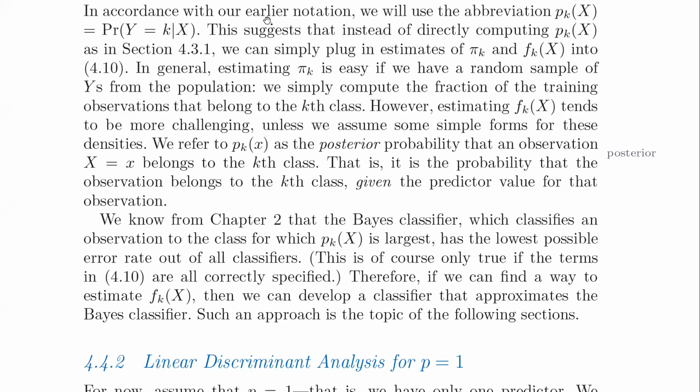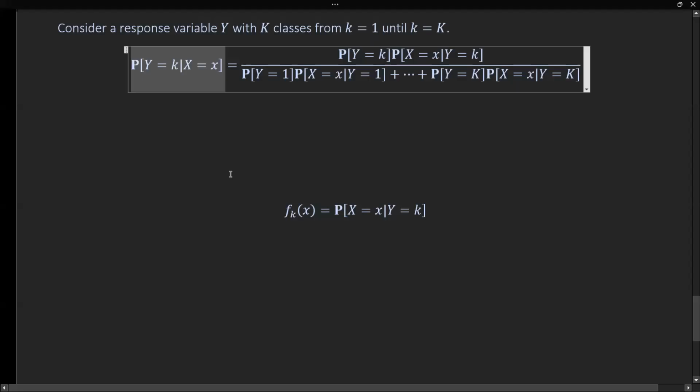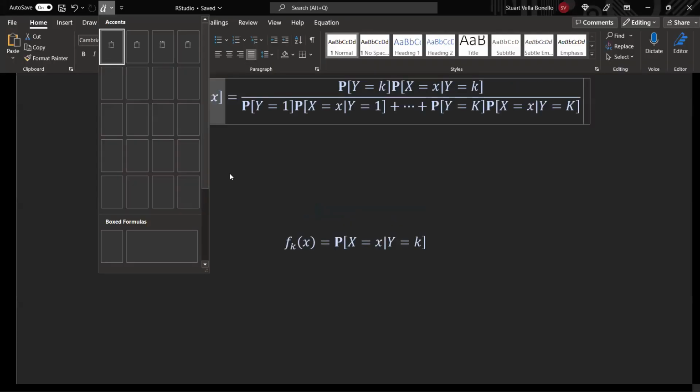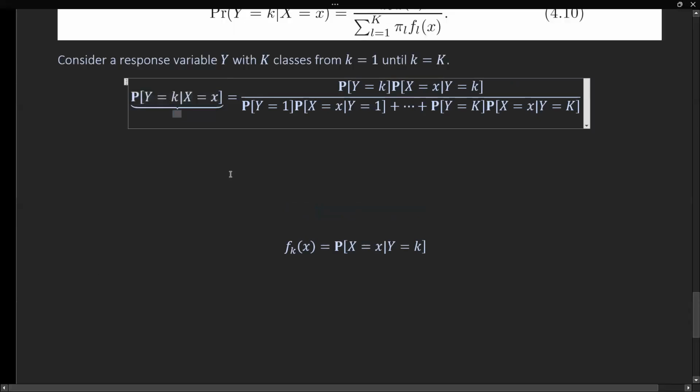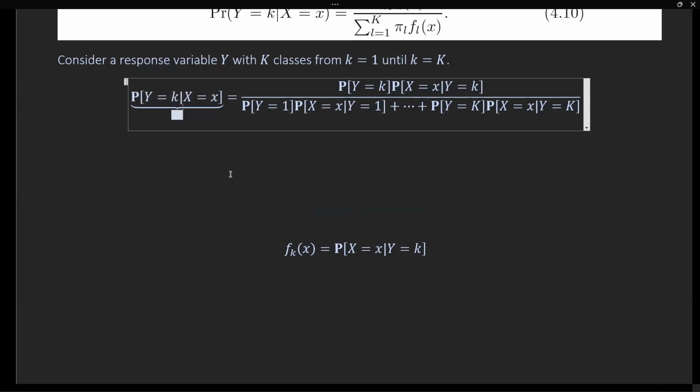In accordance with our earlier notation, we will use the abbreviation pk of x. Can we just emphasize what pk of x is? It's what we discussed earlier. It's what I had typed in green.